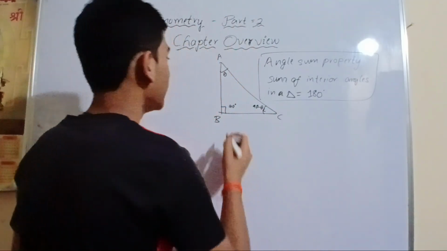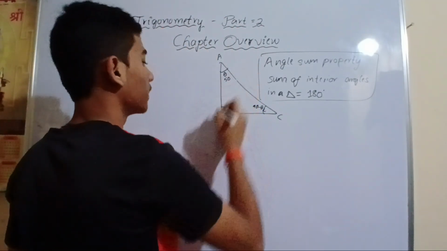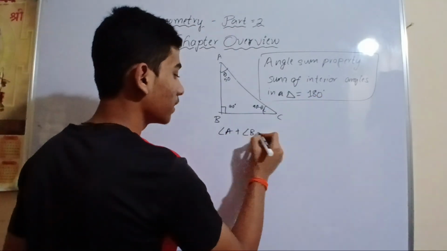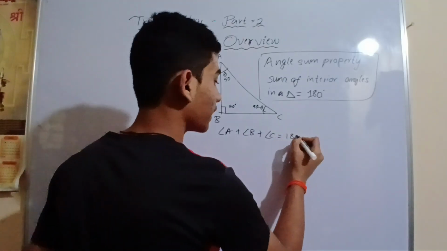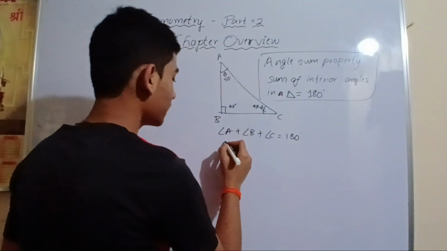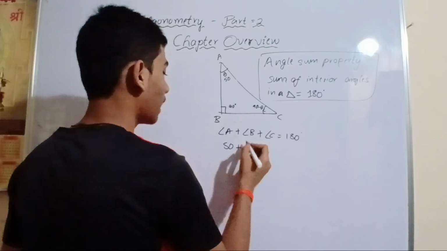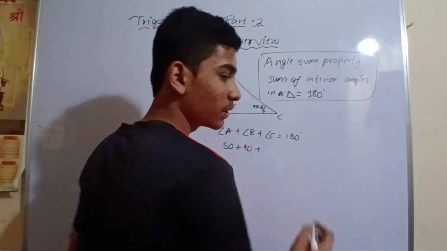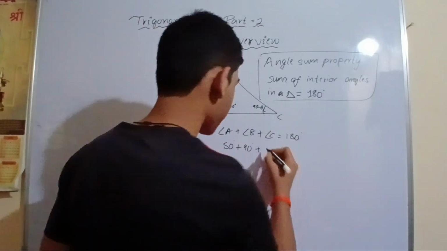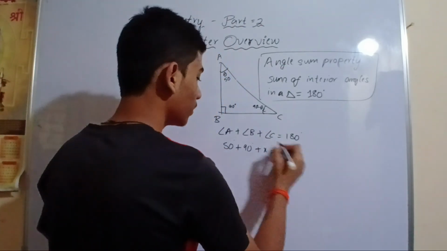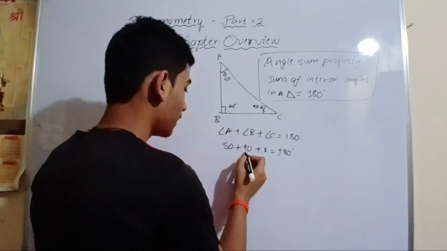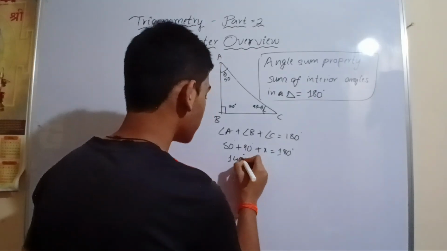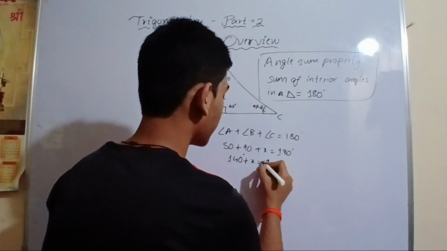How? I'll prove it to you. Let's take this angle as 50 degrees. According to our property, angle A plus angle B plus angle C is always 180 degrees. What's our angle A? Angle A is theta, 50 degrees. 50 plus B, our right angle, 90 degrees, plus C. We don't know C, so let's assume C as X, is equal to 180 degrees. 90 plus 50, 140. 140 degrees plus X equals 180 degrees.